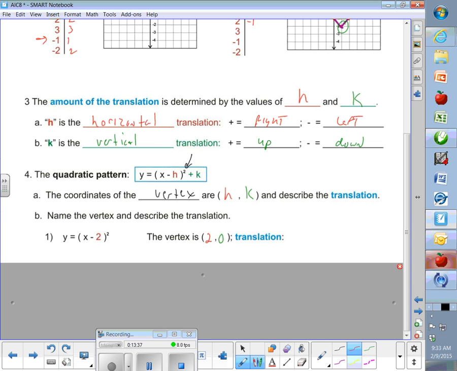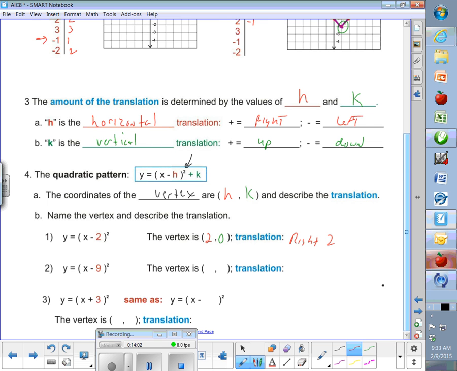So what is a positive 2? Say it if you know it. 2 right or right 2? Don't bother saying it doesn't move up or down any. All right, how is this moved? 2 to the right. This is a quadratic that's moved 2 to the right. Let's do the next one.